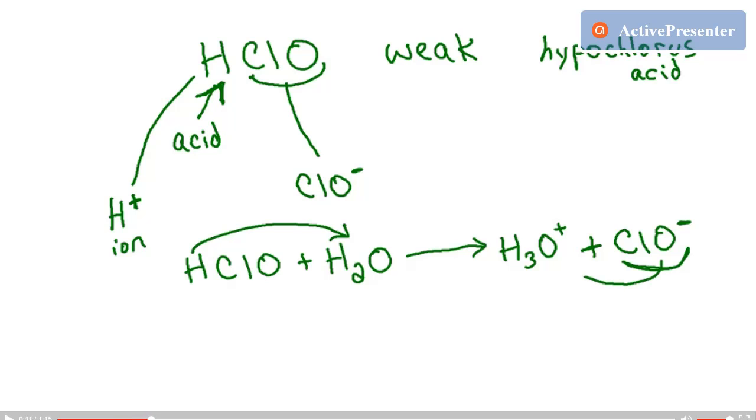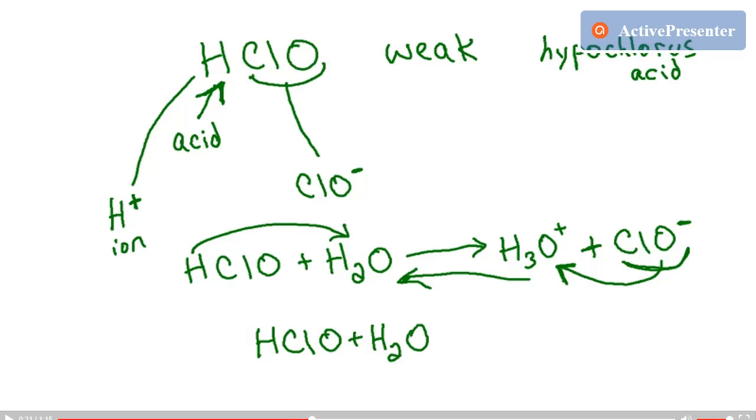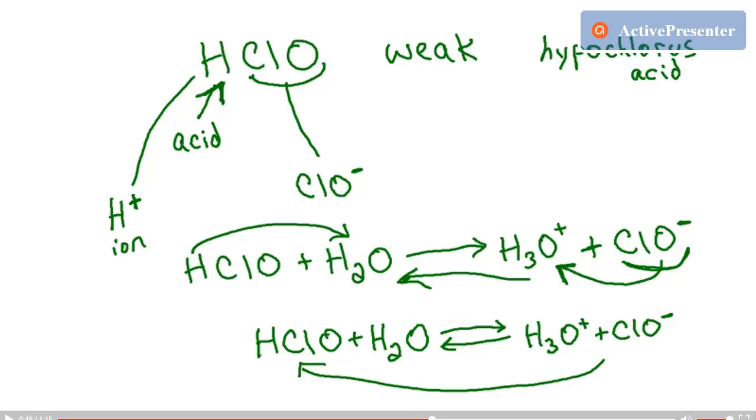So they just keep trying to go back and recombine with the hydronium in order to get water and hypochlorous acid. Which is why when you write a weak acid, you write it with 2 arrows. You write one arrow one way and the other arrow the other way to show that this keeps trying to go back and reform into the hypochlorous acid.